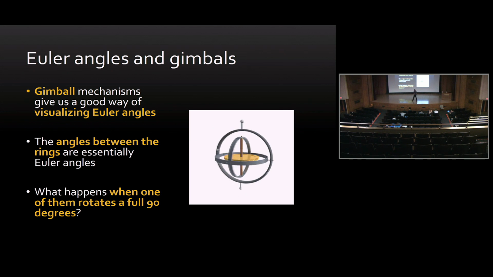Now, the problem you run into is that from time to time, if you do the wrong series of motions, these rings will line up with one another. And when they line up, then the gimbal mechanism has lost the ability to rotate in some direction. And that's why it's called gimbal lock.